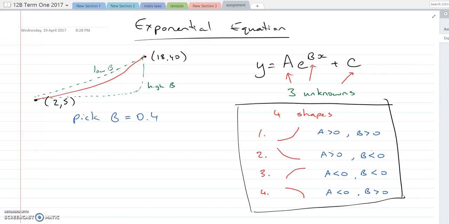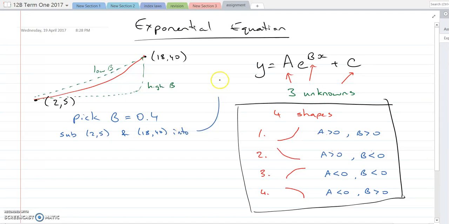Alright, so what we do is we're going to sub these points (2, 5) and (18, 40) into this equation. We'll sub the first point, and we'll call this equation 1. Again, this is my x and y.